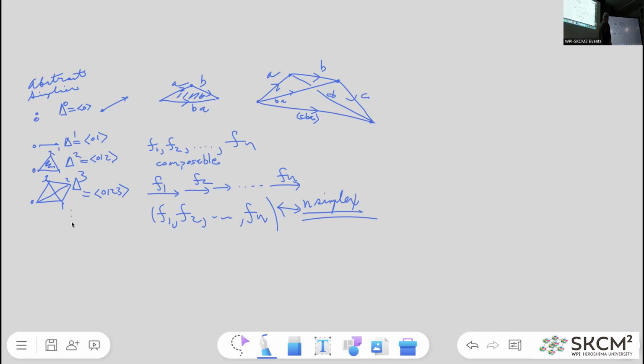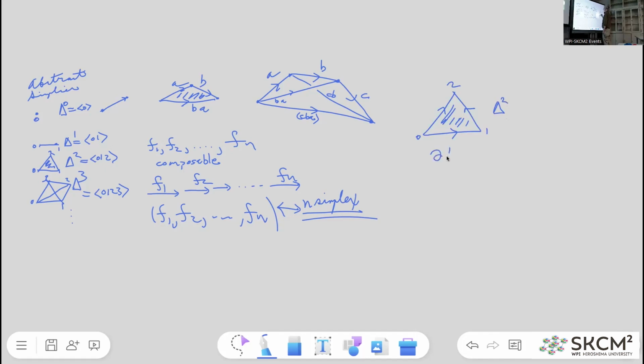And there's a notion of the boundary of a simplex. So for example, if I had this simplex here, and I thought of directing the arrows on the simplex this way, lower number to higher number, then I would say, let's call this delta 2.